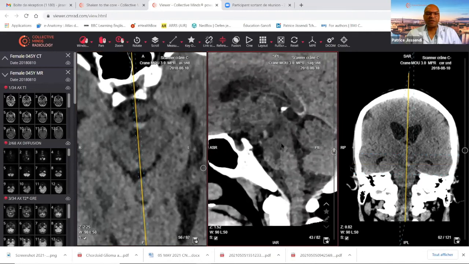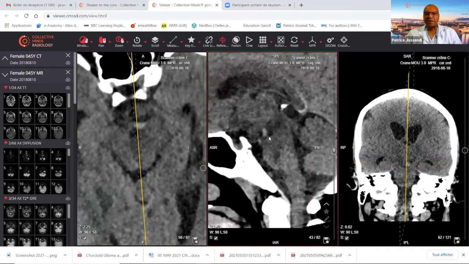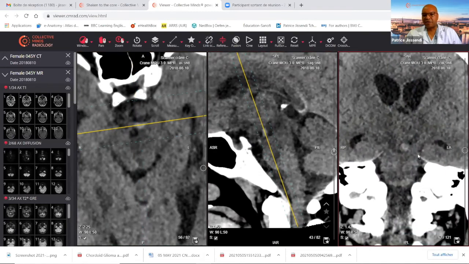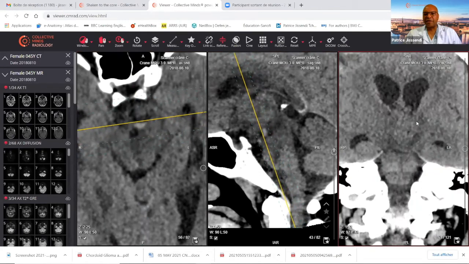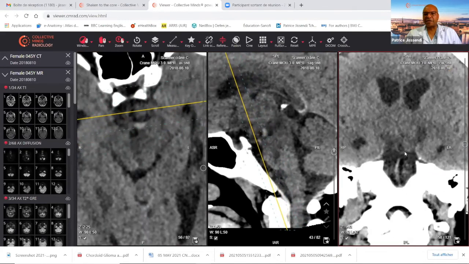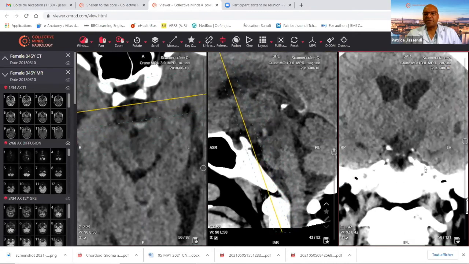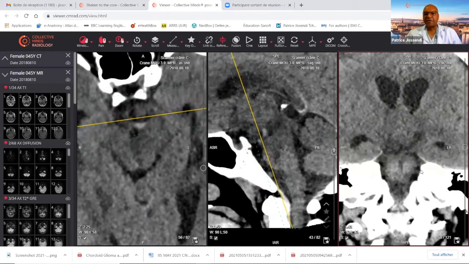We can see it on the sagittal plane, but it looks a bit strange on the coronal plane because it looks roundly shaped, and it's hard to tell if it's part of the adjacent mass, because there is a mass that can be obviously seen here at the level of the third ventricle, centrally located.